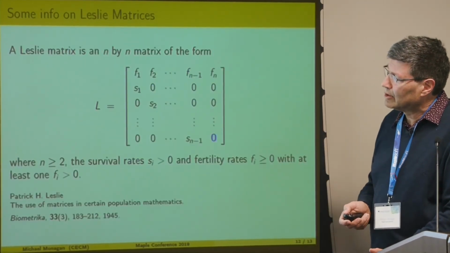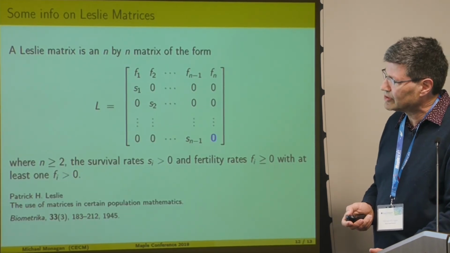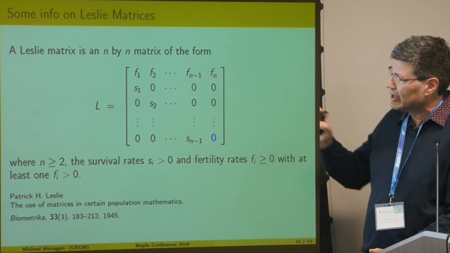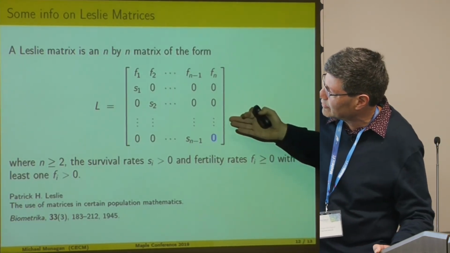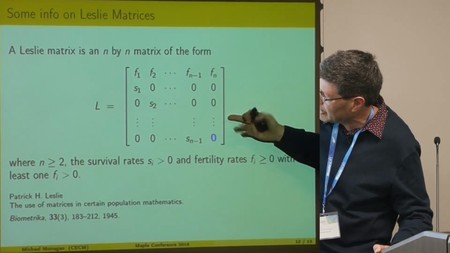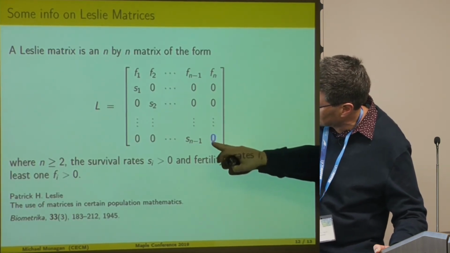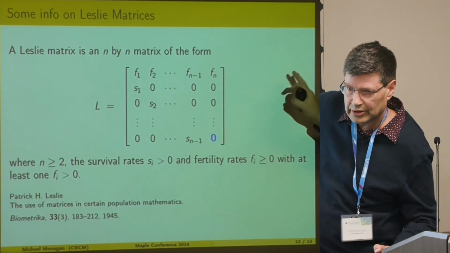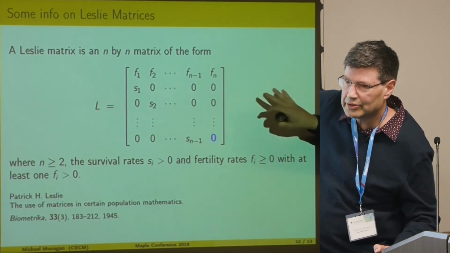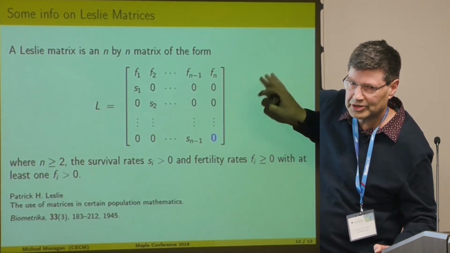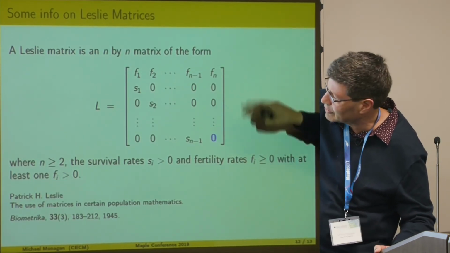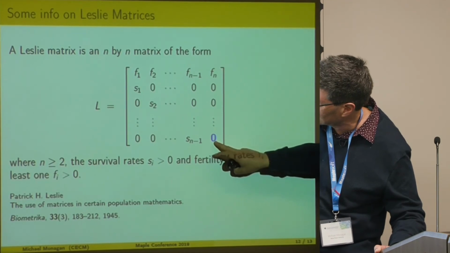Okay. In the paper, there are some technical details. One technical detail I'd like to mention is that if you look up the definition for a Leslie matrix on Wikipedia, you'll notice that the last age group always has a 0 survival rate. Either they ignore it because they're not producing any babies, so it doesn't matter whether it survives or not because they can't reproduce, or it's explicitly 0.